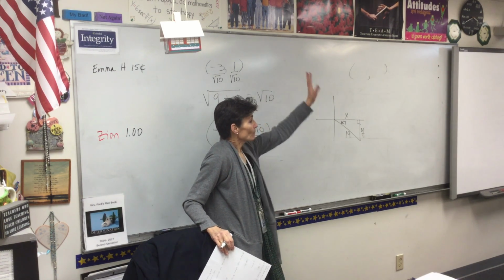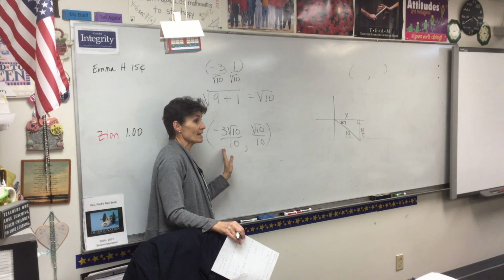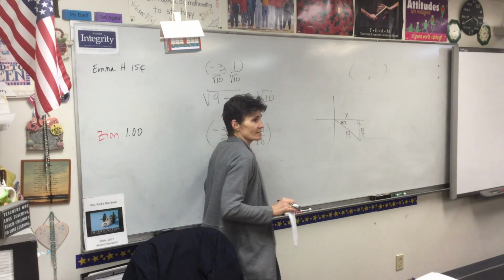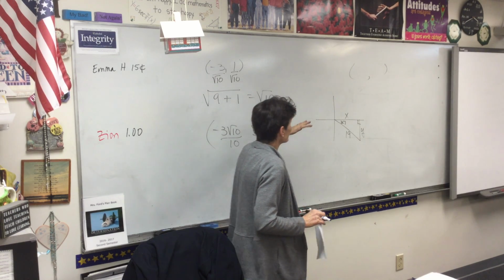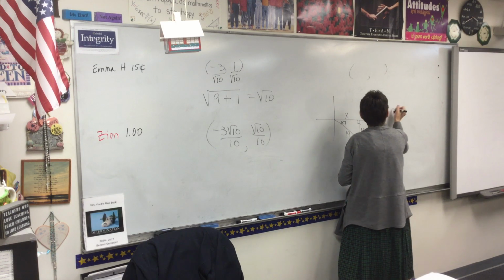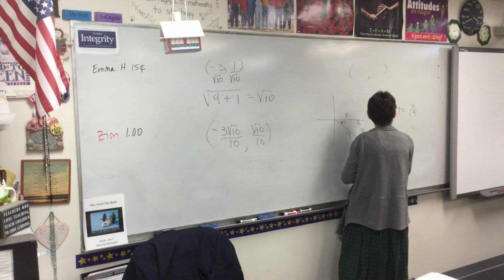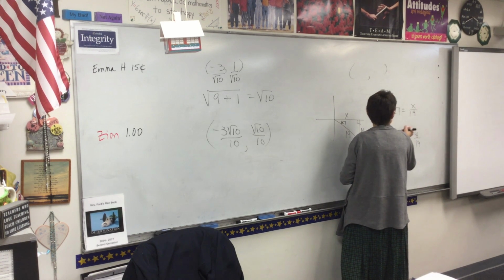Now, remember, to find an angle, you use tangent. But to find X and Y, you use sine and cosine. So cosine 27 equals X over 19, and sine 27 equals Y over 19.